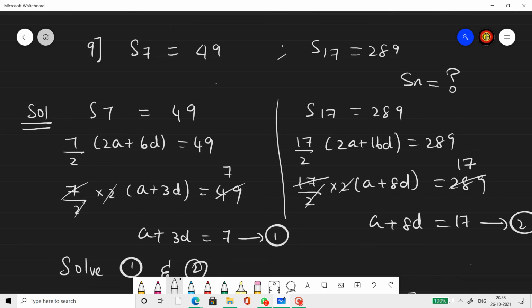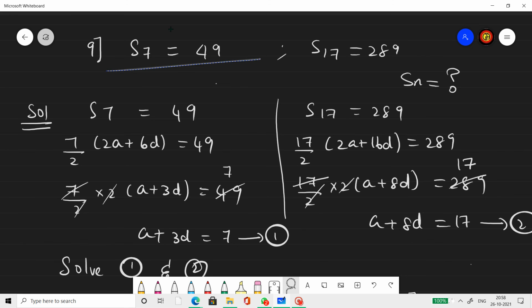So ninth question, S7 is given, S17 is given. Now when you see this question, it is said that sum of 7th term is 14 and that of the 17th term. So this particular word is used in the sum which says that of the 17th term. So that of the 17th term simply means that it is also the sum of the 17th term.